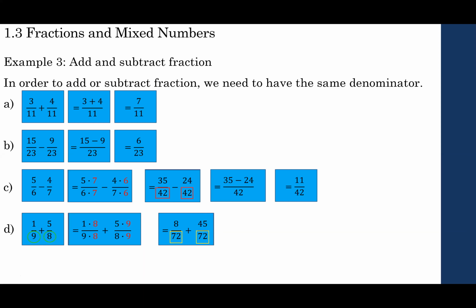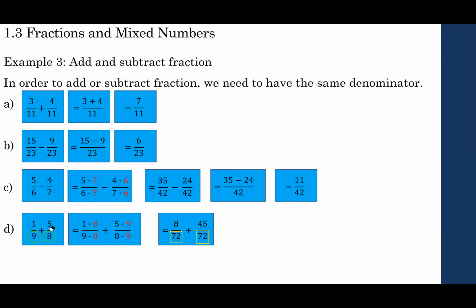So looking at this here, first of all, question on how I find my common denominator here. Question on what I need to do if my denominators are not the same.